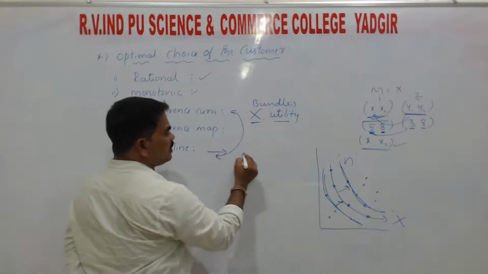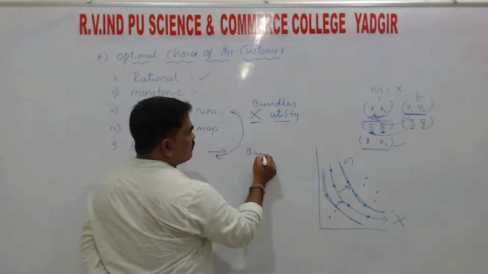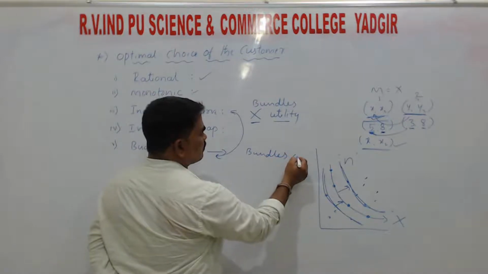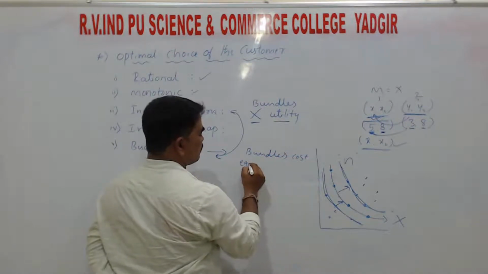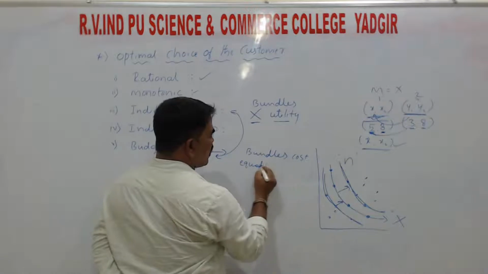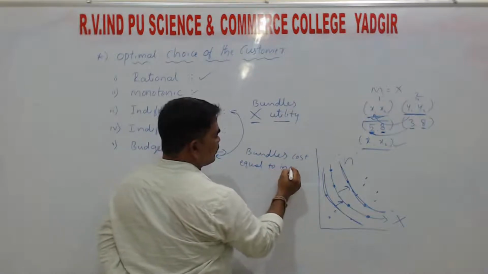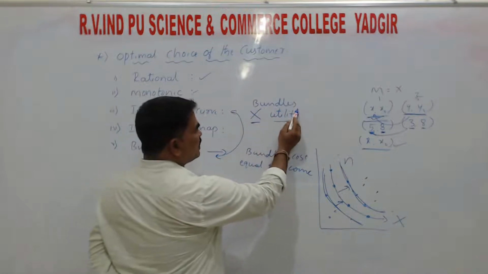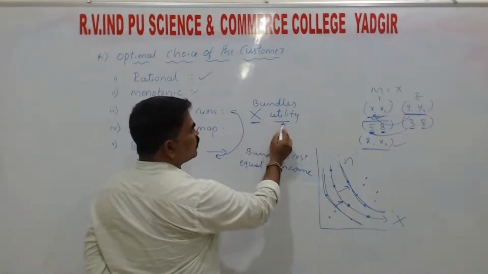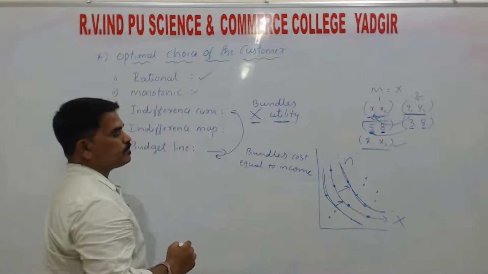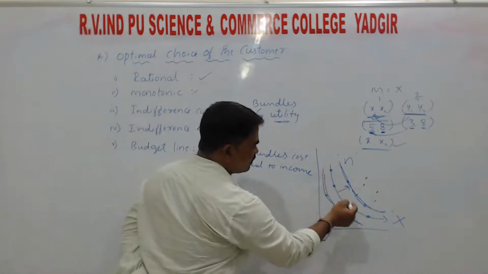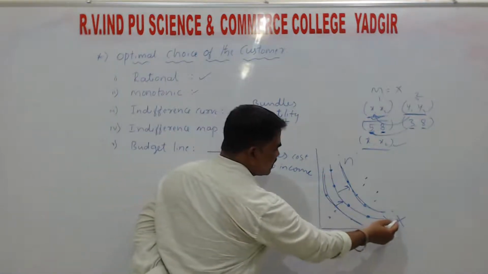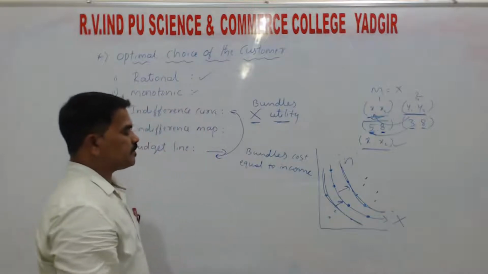But in budget line, bundles cost equal to income. Here we will select only bundles which give him the same utility, the same satisfaction. As I said, these are the bundles which give him the same satisfaction.